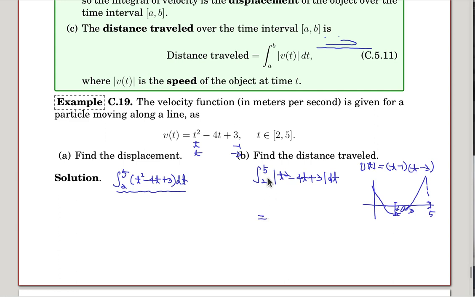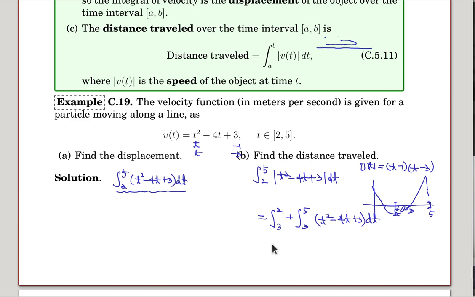For the integral from 2 to 3, we have to integrate the negation of the velocity, so rather than minus velocity, we change the lower and upper bounds, giving the integral from 3 to 2. The second portion has positive velocity, so we integrate from 3 to 5 the function t squared minus 4t plus 3 dt, right?